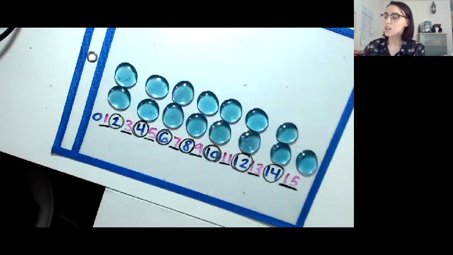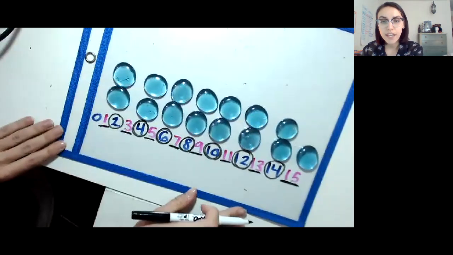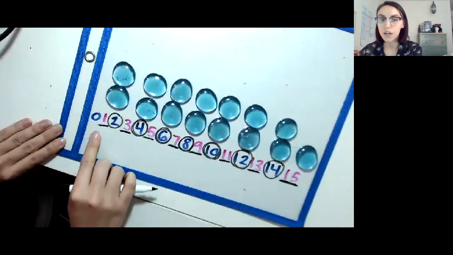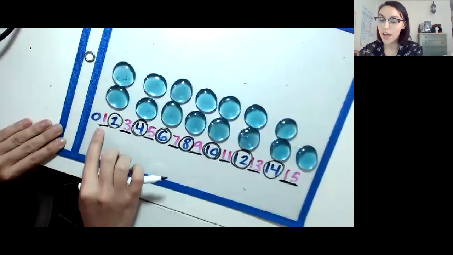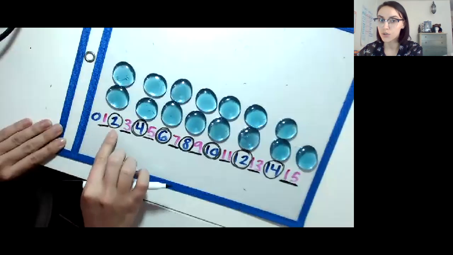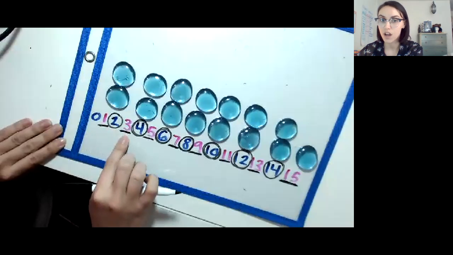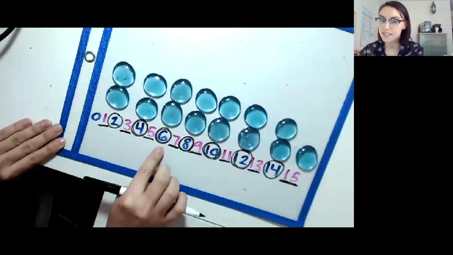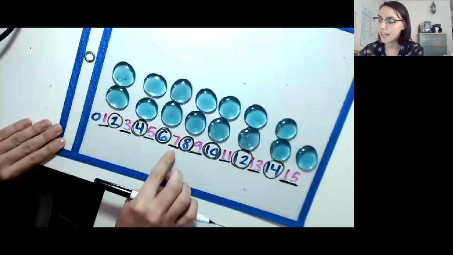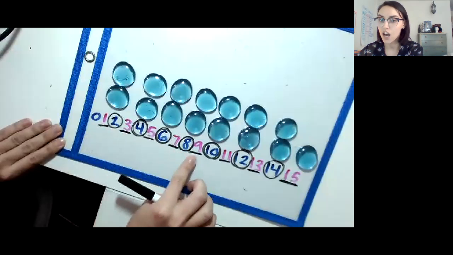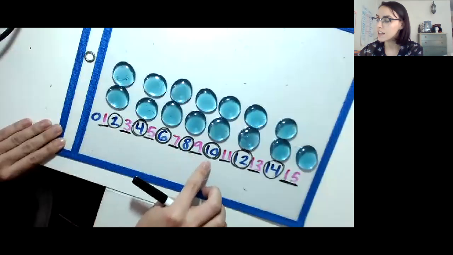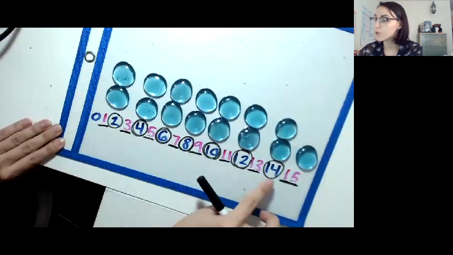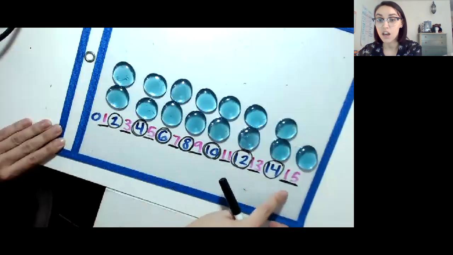All right, looking at our pattern of what we have here, let's see. It looks like every other number: 1 was odd, 2 was even, 3 was odd, 4 was even, 5 was odd, 6 even, 7 odd, 8 even, 9 odd, 10 even, 11 odd, 12 even, 13 odd, 14 even, 15 odd.